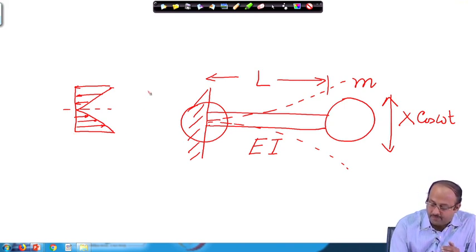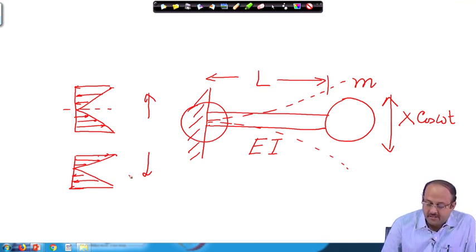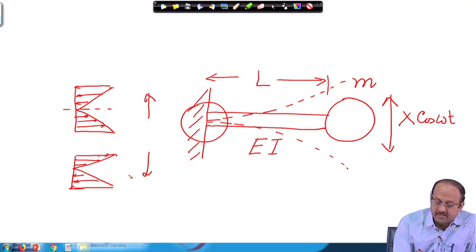And when it is going down, just the reverse takes place. That means compressive stress will develop in the bottom surface, whereas tensile stress will develop in the upper surface.